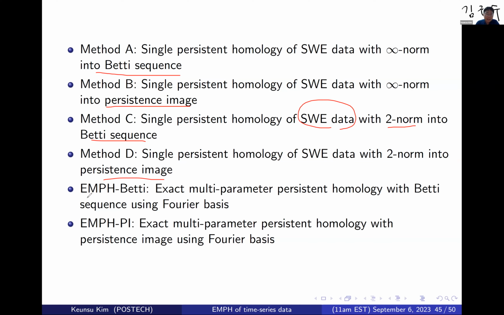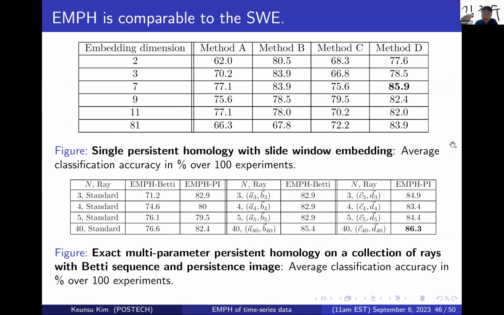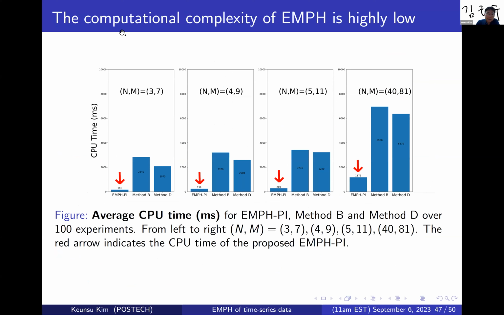And our method is after EMPH, and the vectorization methods are Betti and persistent image. Then we get a result comparable to the traditional methods. Our method's classification accuracy is this, and the usual traditional methods are very similar, comparable. And this is the computation time. This red arrow is our method.